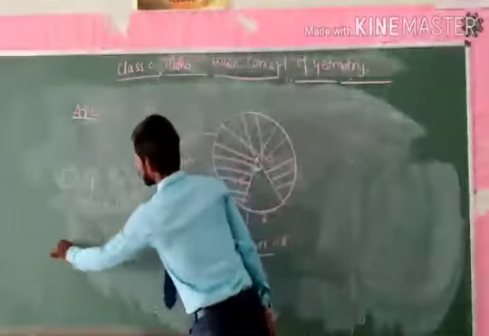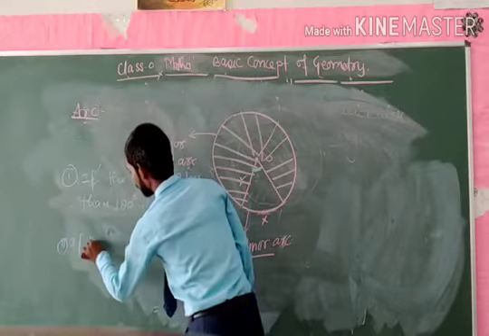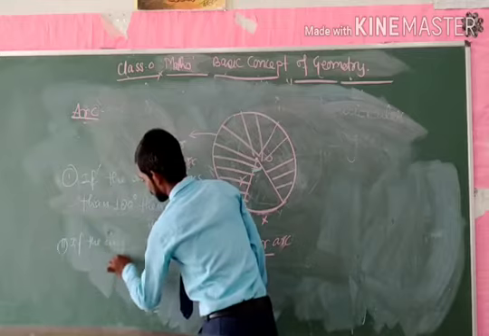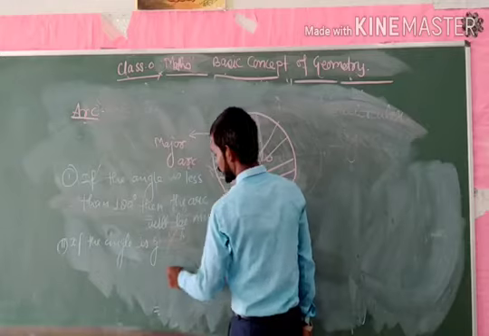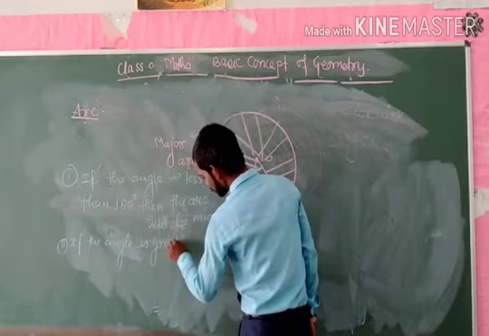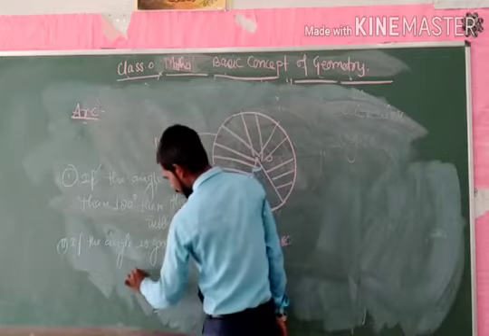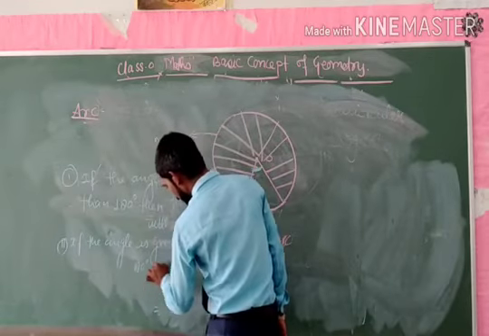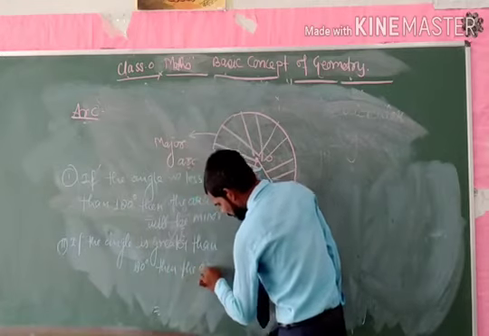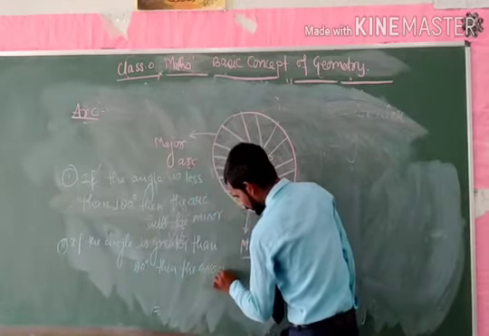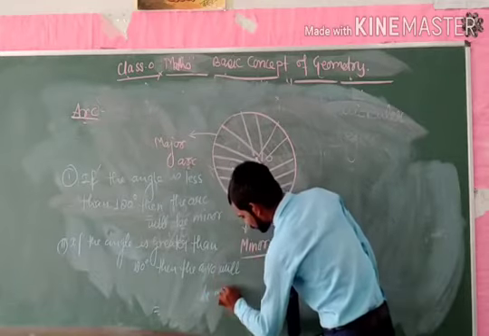And second, if the angle is greater than 180 degrees, then the arc will be a major arc.